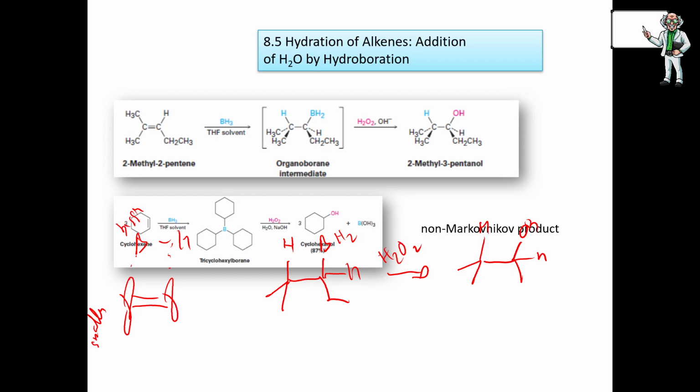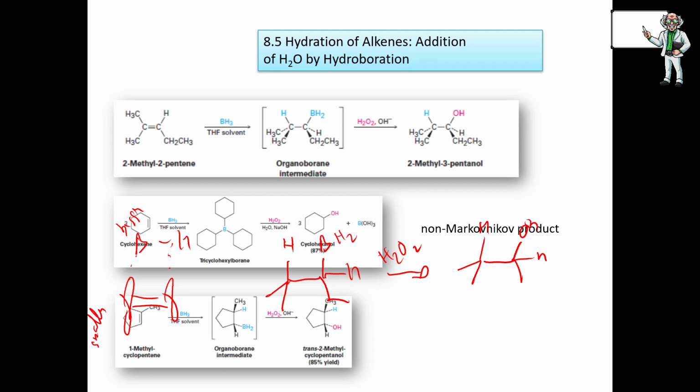This is important because, for example, if we have a cyclic compound like here, we know that because this double bond has different substitution on each carbon, the first step will be the formation of this, where the boron is in the less substituted position and the hydrogen is in the most substituted position.